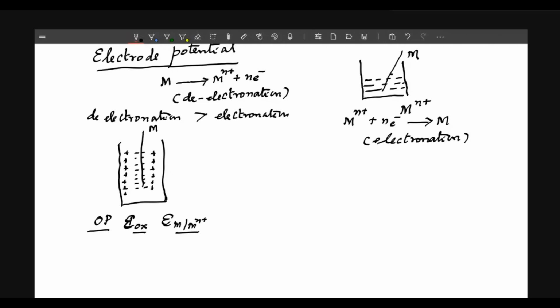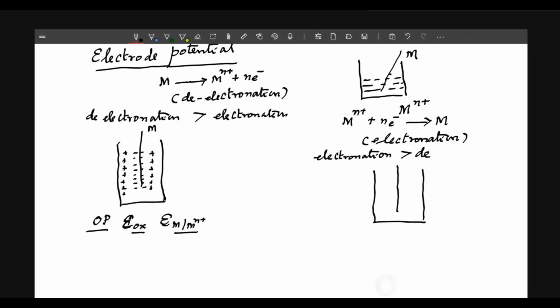What happens when electronation is predominant? Then reduction is predominant. Here also a double layer is obtained, but it is different from the other. Here the positive charge, zinc 2+, is mirrored on this, and the electrons coming from the other side would be present in a small amount.